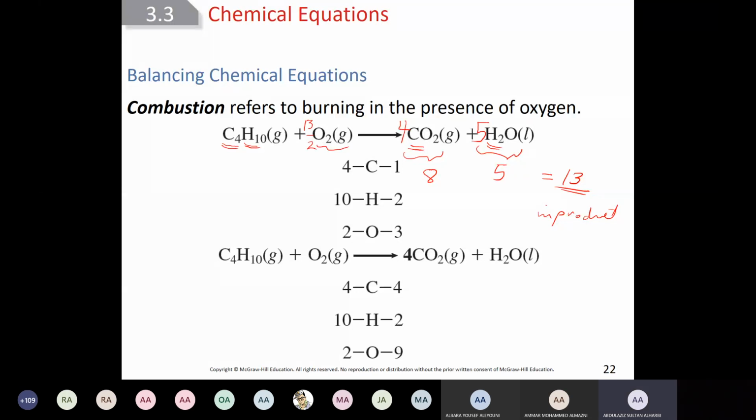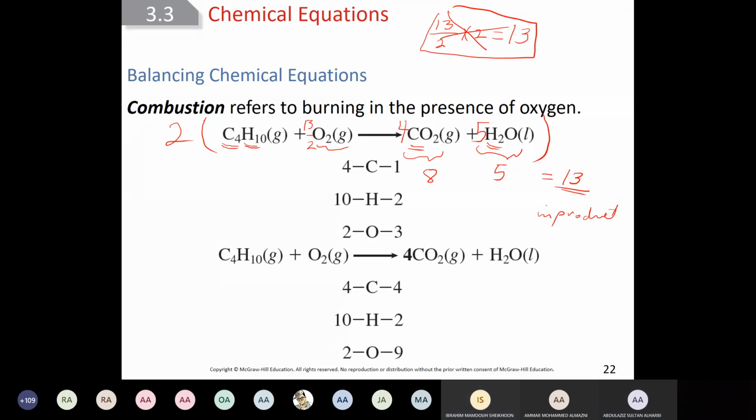All right? When you multiply 13 over 2 times 2, what's this equal to? 13, which is already balanced. Good? But we don't like to keep fractions in the chemical equation. So what's the next step? I will multiply the whole equation by 2.